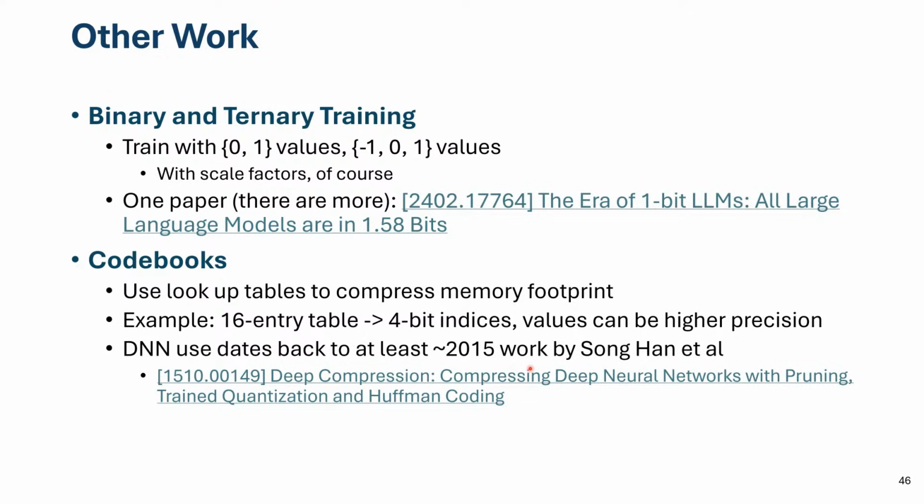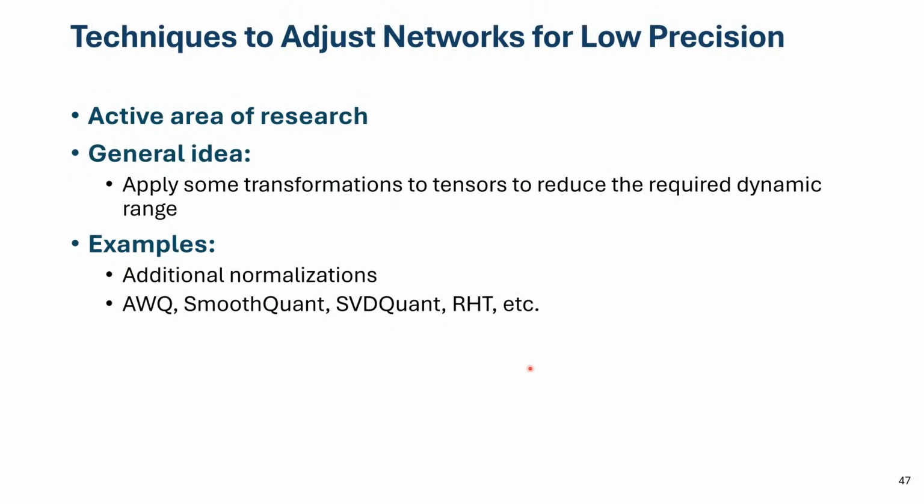So just some directions. There are also techniques to adjust neural network tensors to be more amenable to low precision, and again, it's an active area of research. The general idea is you have a tensor, and you apply some transformations to it to reduce the dynamic range required for the values. Examples would be additional normalizations, and that's what ternary training does. It adds more normalization layers, after each GEMM, for example.